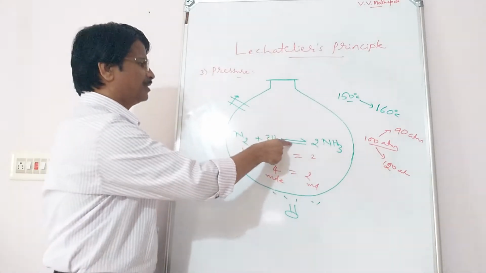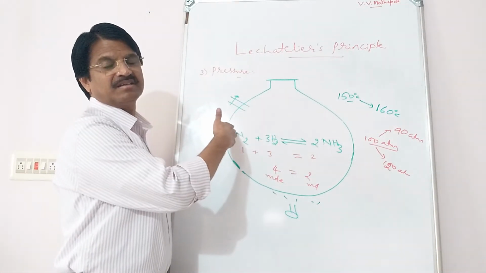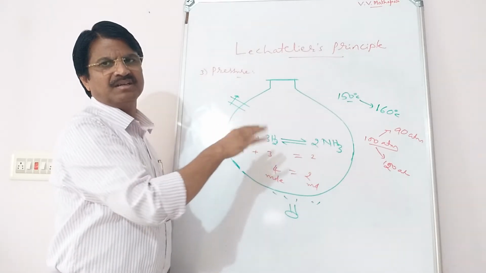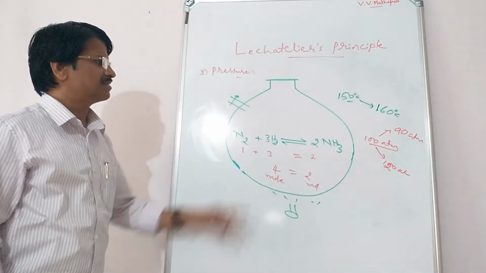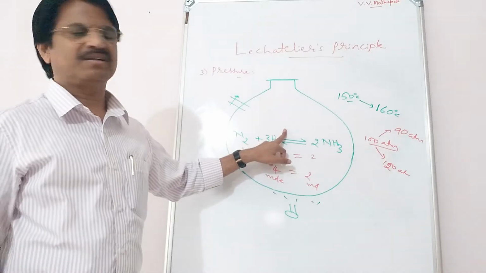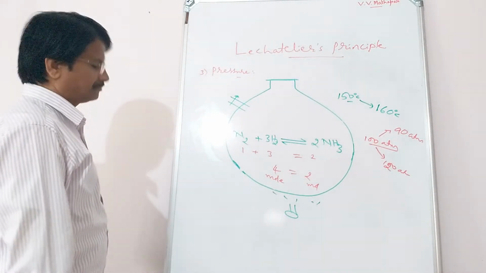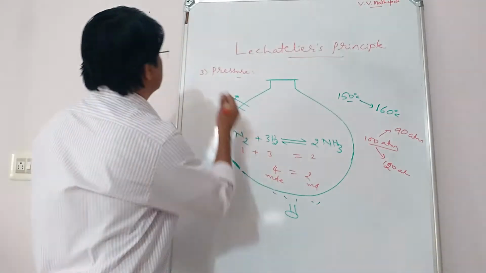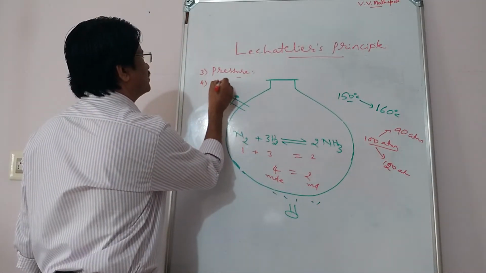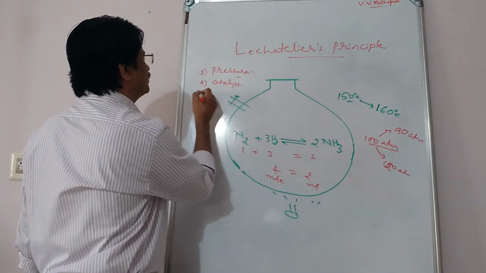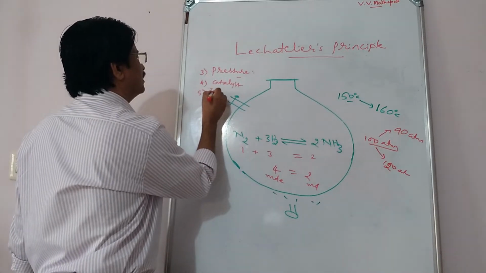Catalyst does not affect the equilibrium state, because it increases the rate of forward and backward reactions to the same extent. Hence, catalyst has no effect on the equilibrium state. Next term. Fourth I told catalyst. And last term, inert gas.